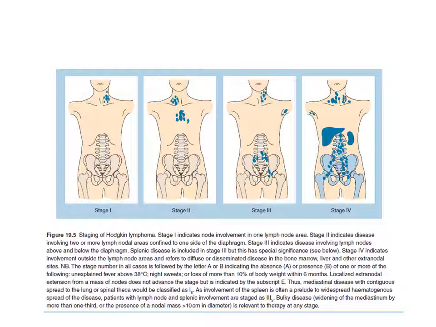Bulky disease, widening of the mediastinum by more than 1/3, or the presence of a nodal mass more than 10 cm in diameter, is relevant to therapy at any stage. Tumor burden, how much tumor there is, is also important in deciding therapy.